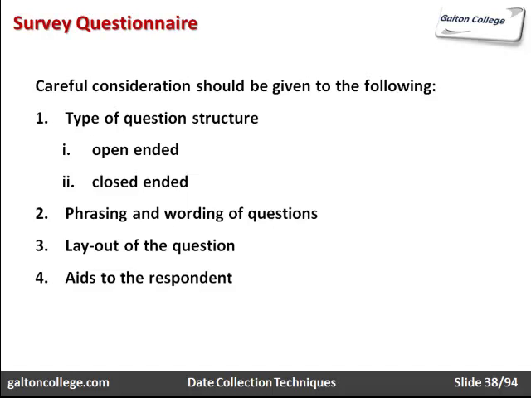And what sort of prompts can you give to the respondent in helping the respondent to answer? If it's a product, a sample of the product might be useful, or some illustrations, or some pictures, or something to help in the decision making.